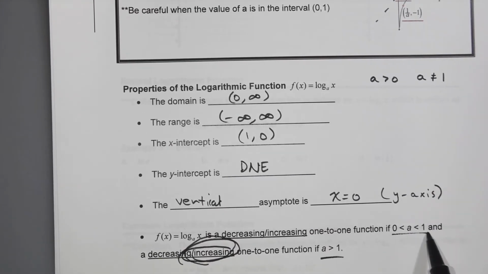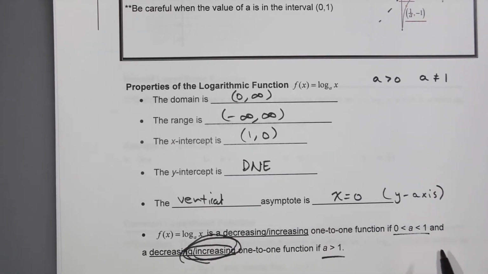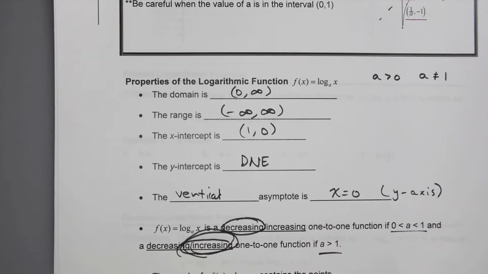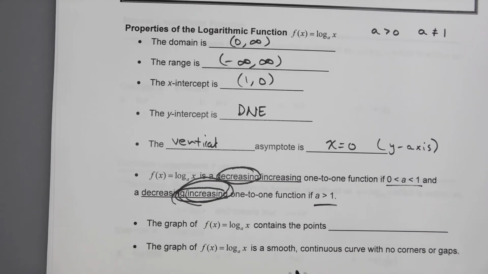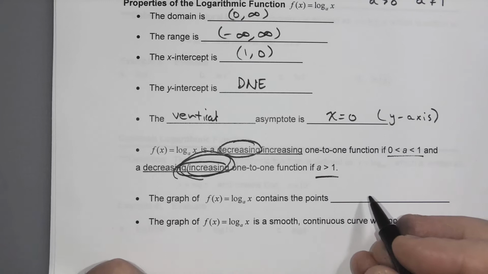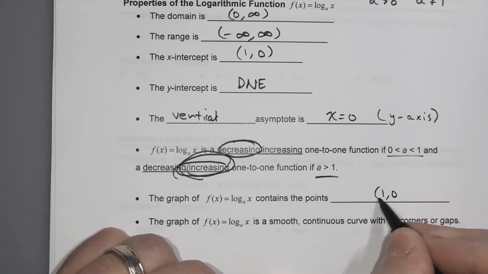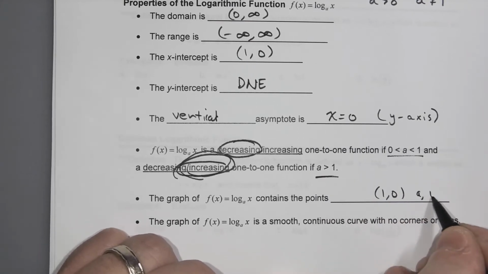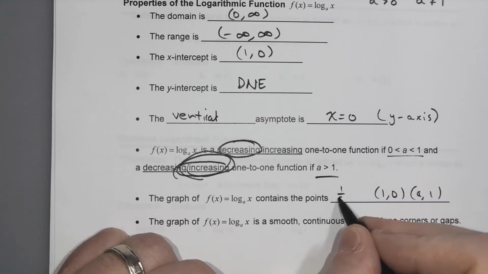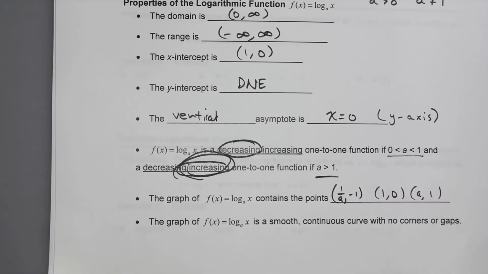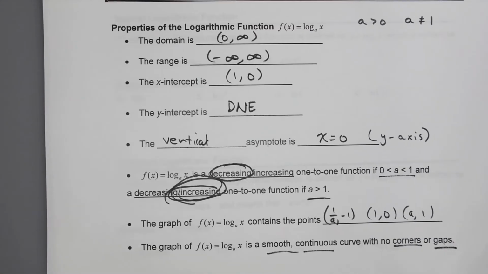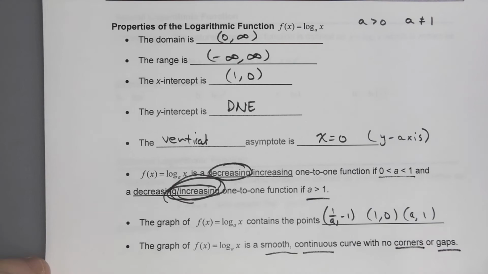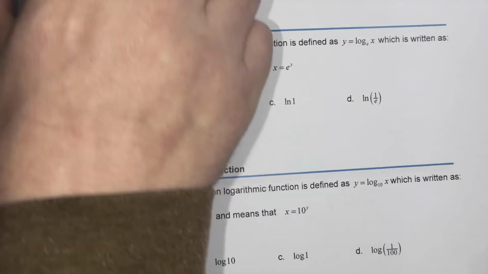So if a is between 0 and 1, it's going to be a decreasing function. Every log base a graph will always contain the same 3 standard points: (1, 0), (a, 1), and (1/a, -1). And it'll be smooth, and you never have to lift the pencil off the paper. There are no corners, no gaps. It's a nice, simple function, nice, simple shape.